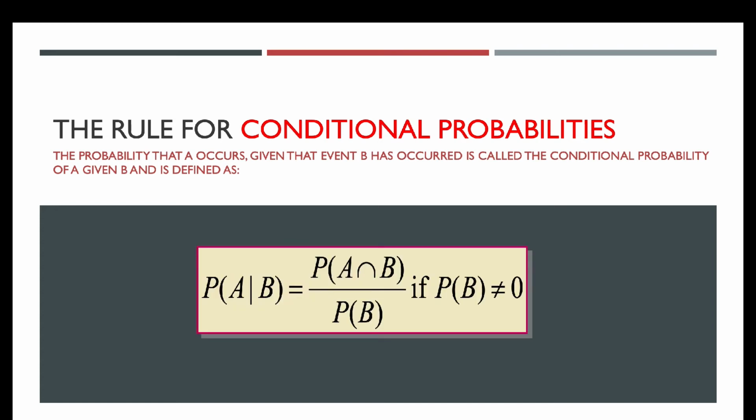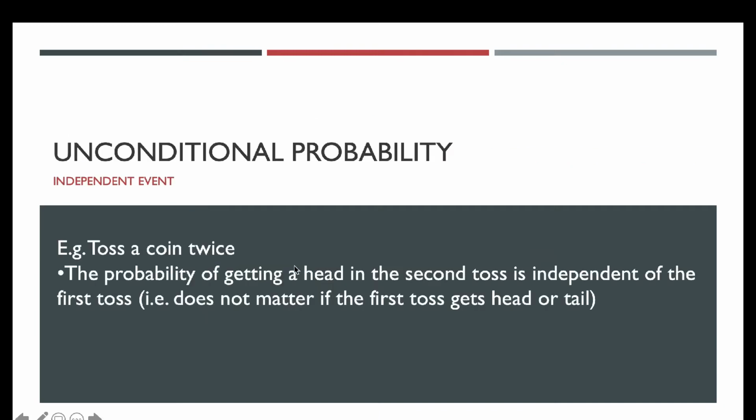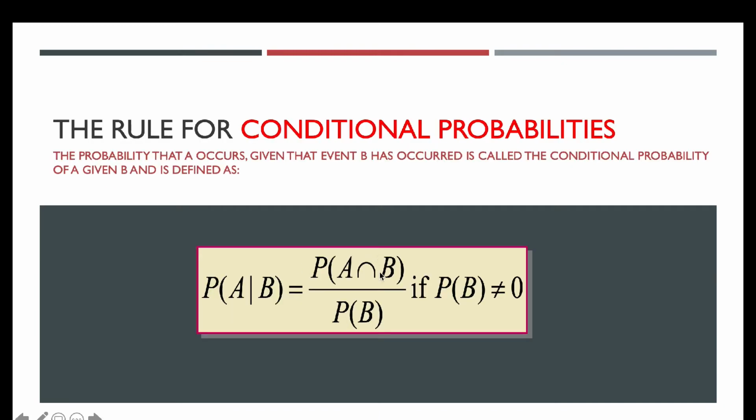Okay, so this is the rule again, like I mentioned previously. Basically, sometimes you're going to be given the value for this one, and sometimes you're going to be given the value for the intersection. And of course, P(B) is usually given.